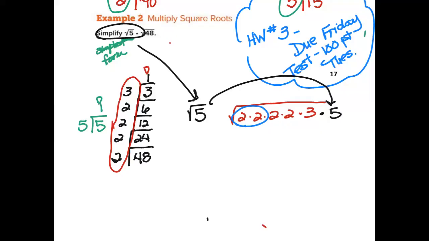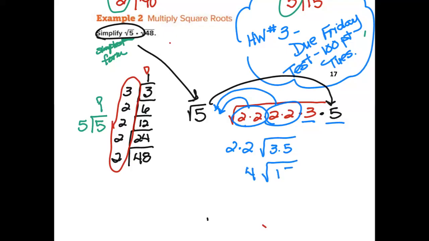I have a pair of 2's. I have a second pair of 2's. I'm going to kick those out, and I have 2 times 2 out in front. This 3 and this 5 do not have another pair, so I just multiply those together and keep them under the radical sign. So my final answer is 4 times the square root of 15.